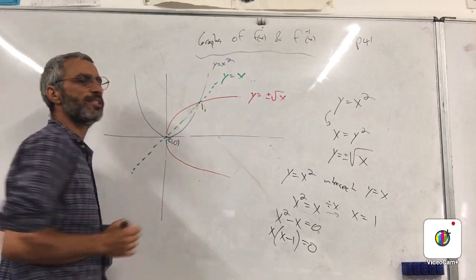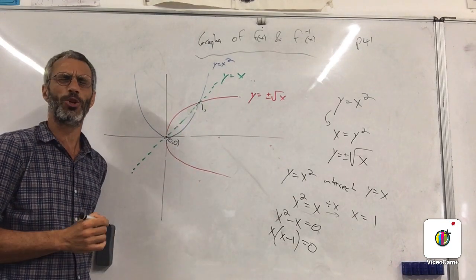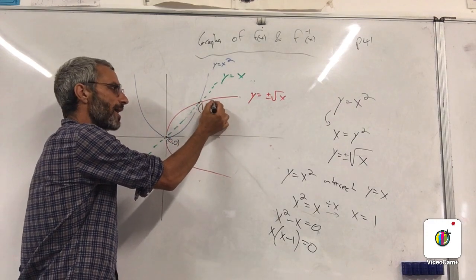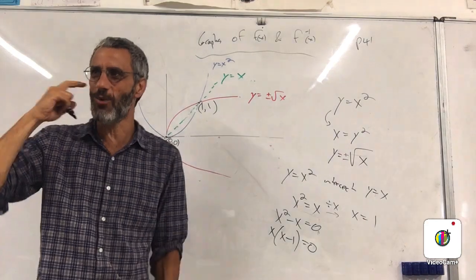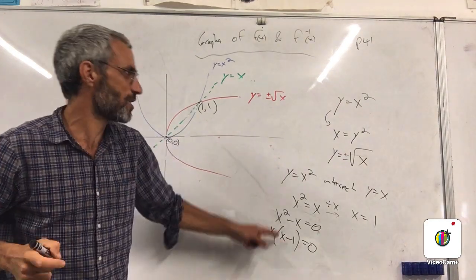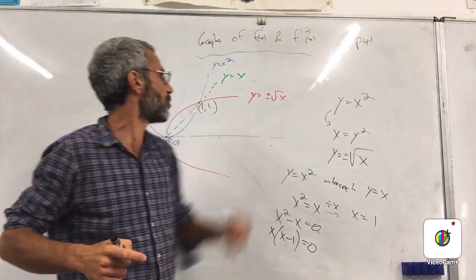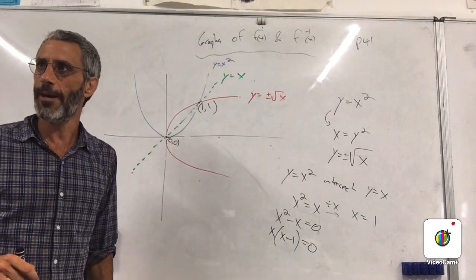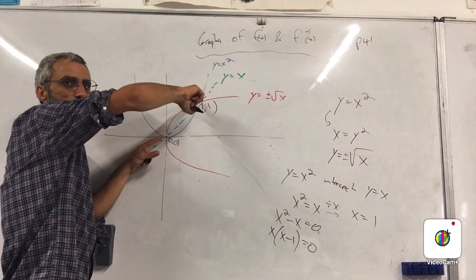What will be the y-coordinate? I don't even need to calculate. It has to be 1. Wherever they intersect, the x and the y are the same. You can sub it in here again, x equals 1, you'll get y equals 1, but it's always going to be the case. So we've got the two points where they intersect.